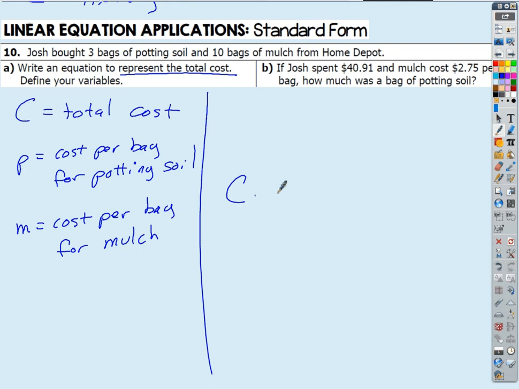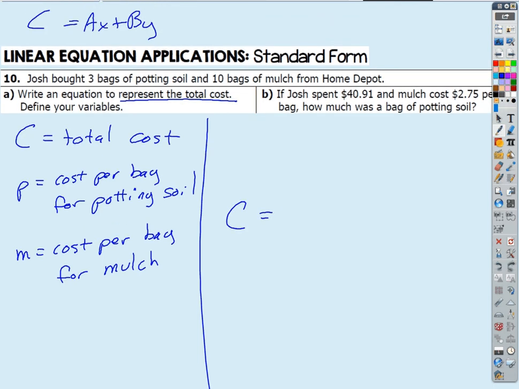So I've got C equals, well, what about the 3 bags of potting soil? What's going to be the part of the equation that represents the cost of the 3 bags? 3P, right? I've got 3 bags, and the cost for each bag is P dollars. So 3 times P would be the total cost: number of bags times the cost of 1 bag.